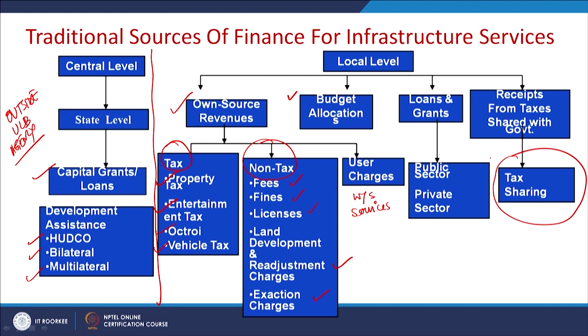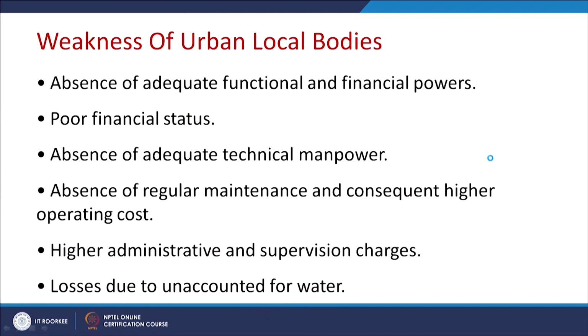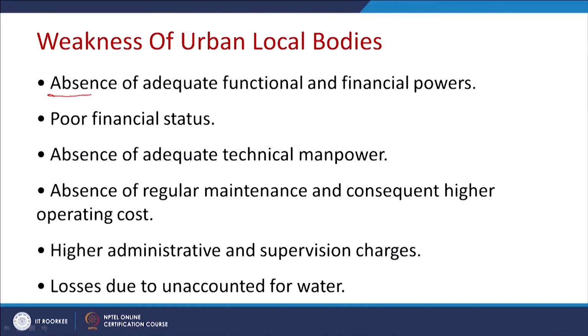Now, the problem is there are a few issues which we see at the local level, those are basically weaknesses. Let us see the weaknesses at the local level. Absence of adequate functional and financial power is the foremost limitation of the urban local bodies, because in most cases the financial powers and the functional powers are only partially delegated to the local level.